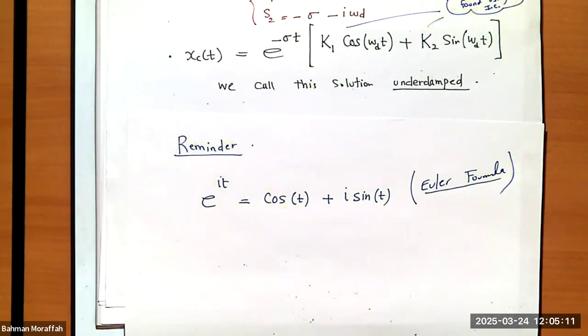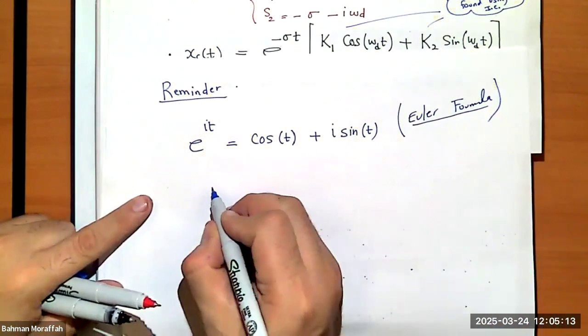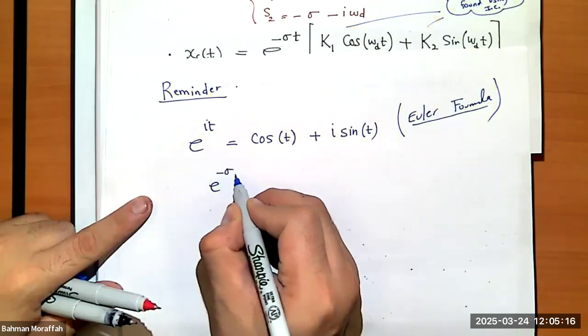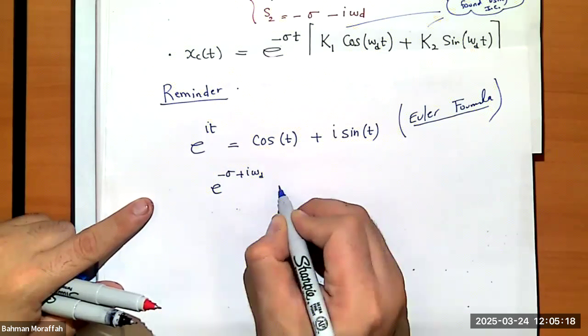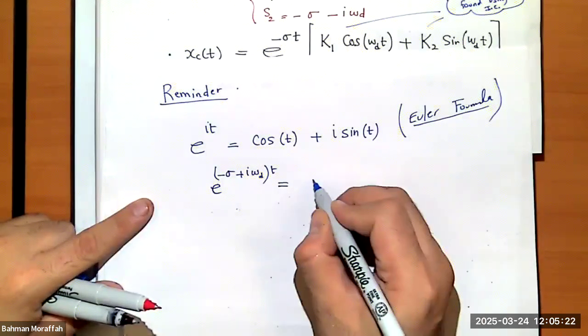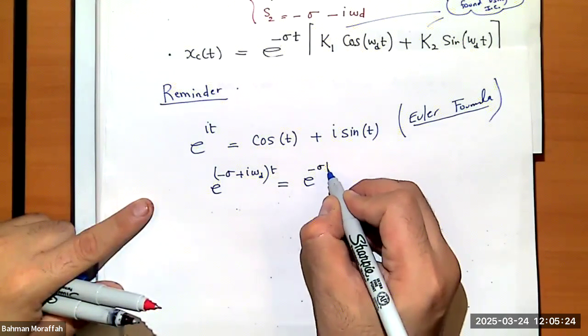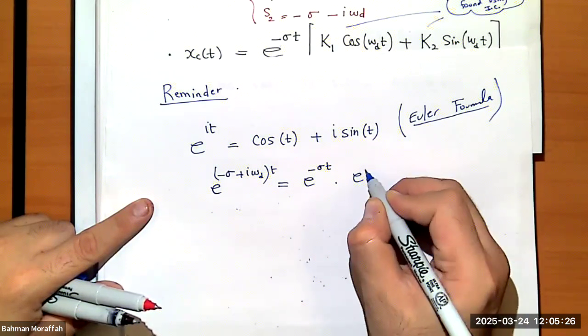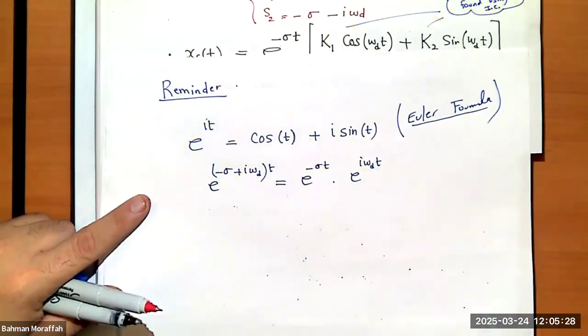So if I have e to the minus sigma plus i omega d, the whole thing times t, that is e to the power of minus sigma t times e to the i omega d t.